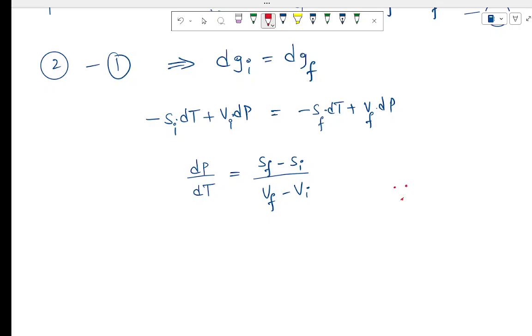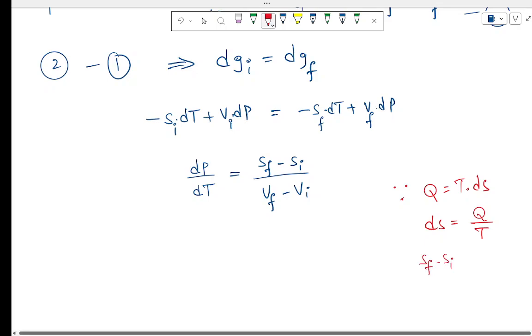Since your q is equal to T dS based on your Clausius inequality, you can write that dS is equal to q by T. So here this dS is nothing but sf minus si in our case, and q is nothing but latent heat L by the temperature.